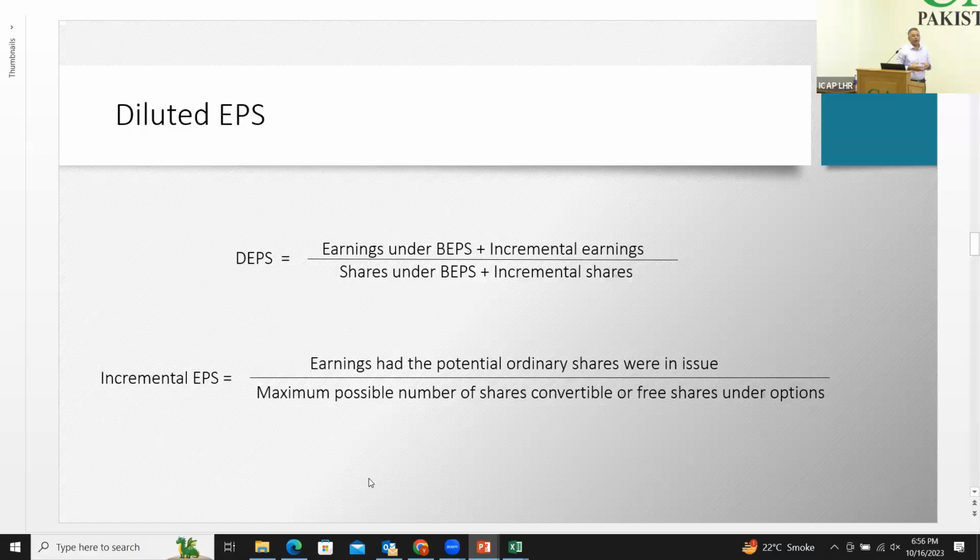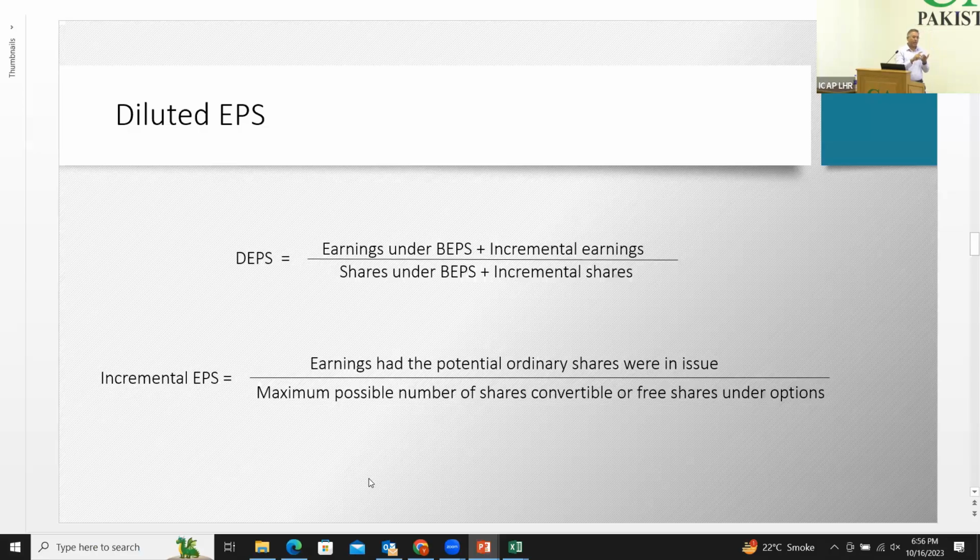Because after some time, after let's say adding two or three potentially issuable shares, it may again start rising upward. So the most dilutive will be the earnings per share which is less than the diluted EPS which has started rising.